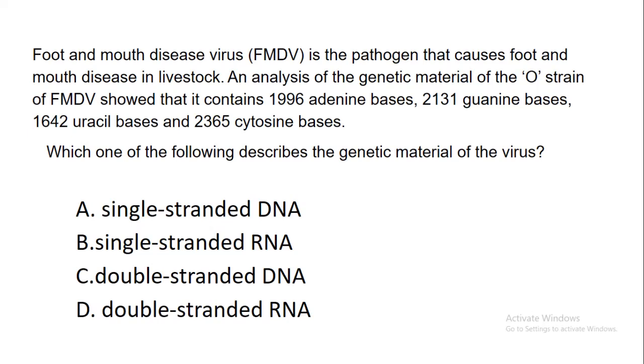Foot and mouth disease virus is a pathogen that causes foot and mouth disease in livestock. An analysis of the genetic material of the O strain of FMDV showed that it contains 1906 adenine bases, 2131 guanine bases, 1642 uracil bases, and 2365 cytosine bases. Which one of the following describes the genetic material of the virus?